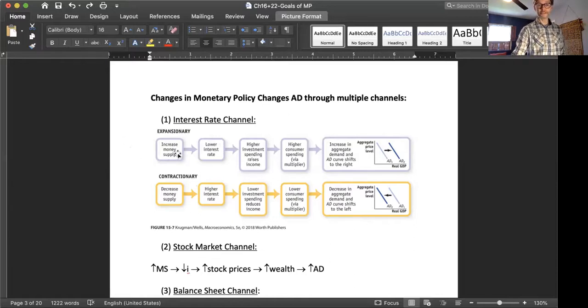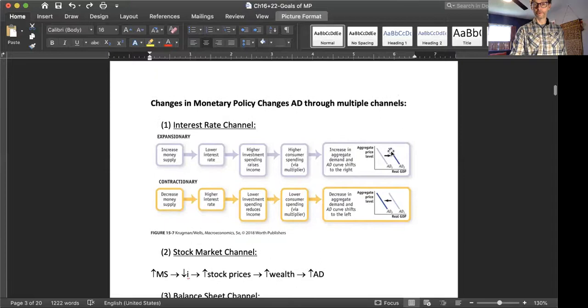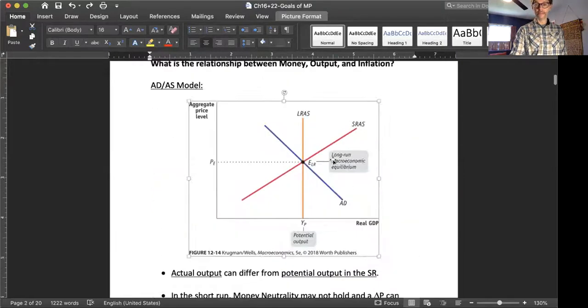When the Fed increases the money supply by conducting open market purchases, we know that lowers interest rates and that encourages investment and other spending. And higher spending increases aggregate demand, moving it to the right.